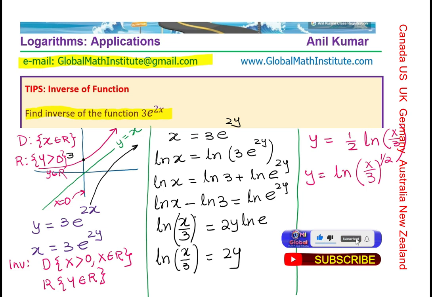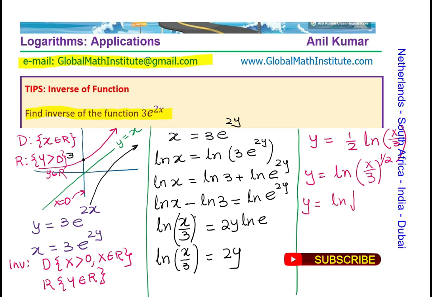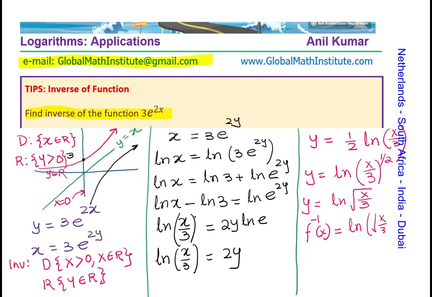So you can rewrite this as y equals ln square root of x over 3. So that becomes your inverse function. So now we'll write in function notation f inverse of x is equal to ln square root of x over 3.